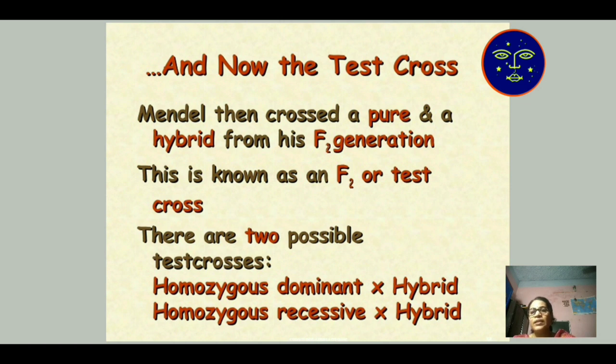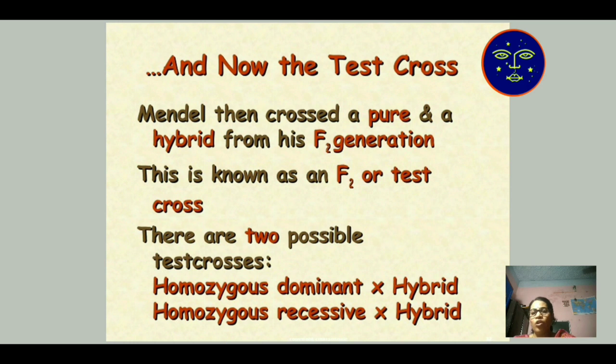Mendel crossed a pure and a hybrid form in his F2 generation. In the F2 generation, the hybrid form, that is capital R, small r, crosses with the pure form, either capital R, capital R or small r, small r.